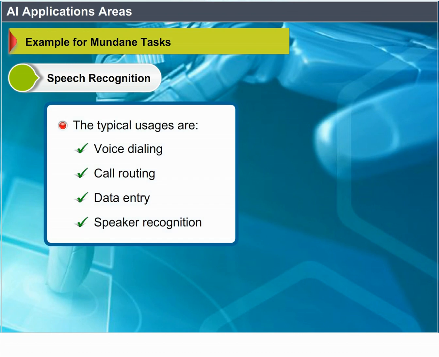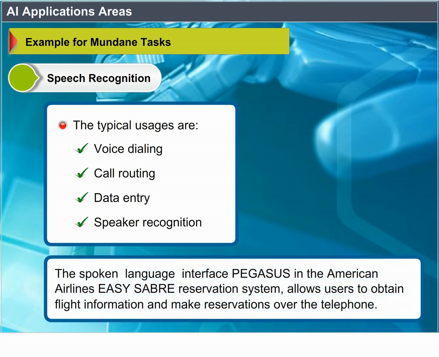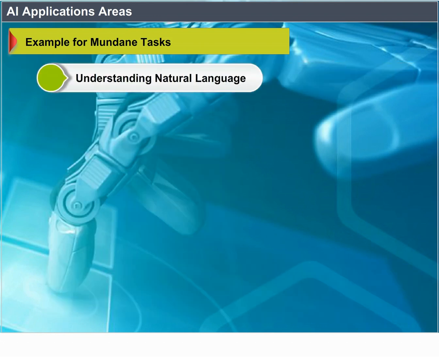The typical usages are voice dialing, call routing, data entry, speaker recognition. The spoken language interface Pegasus in the American Airlines Sabre reservation system allows users to obtain flight information and make reservations over the telephone.